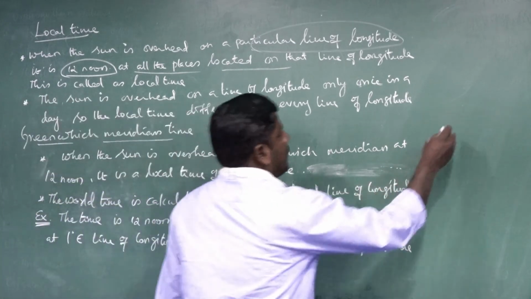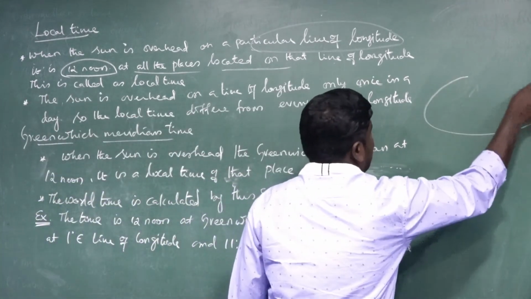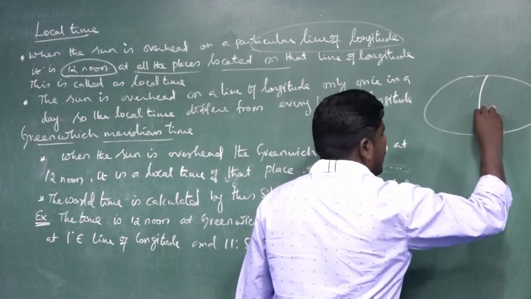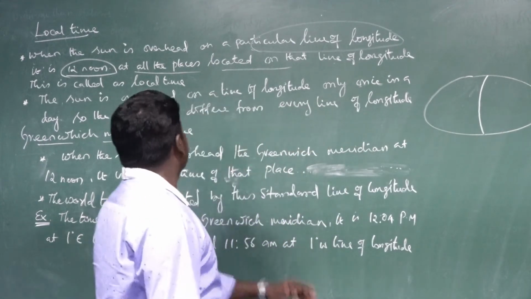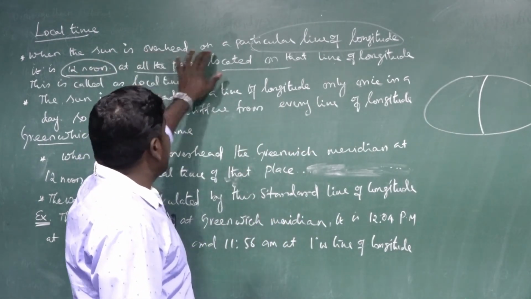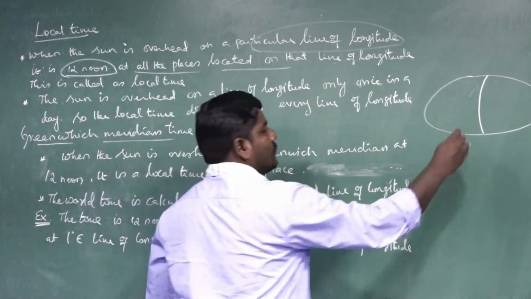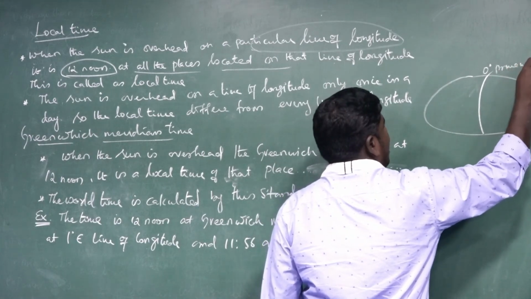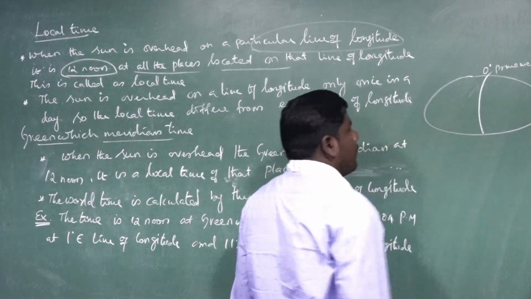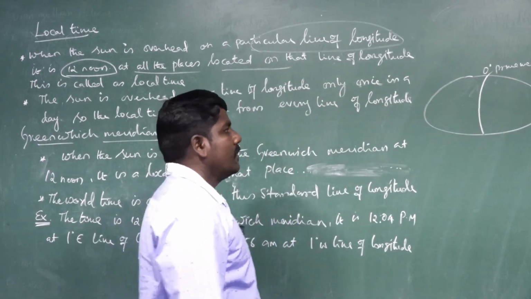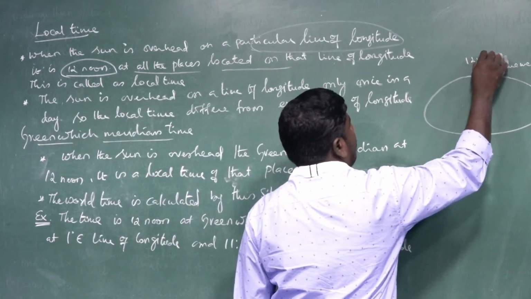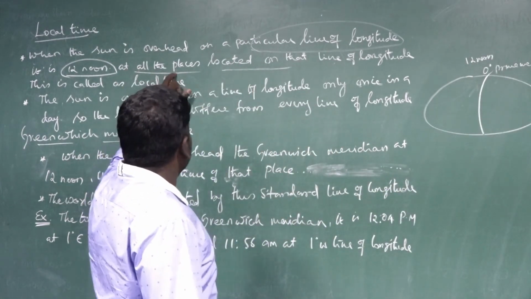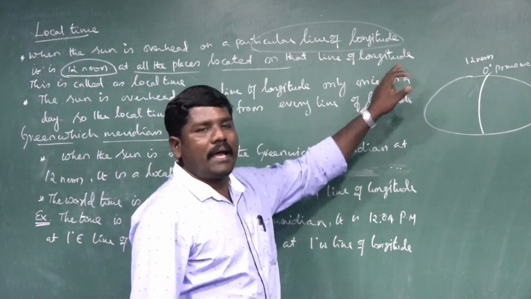For example, take the 0 degree meridian, the prime meridian. In this prime meridian region, the sun is overhead at 12 noon.